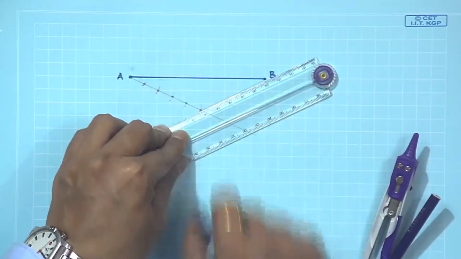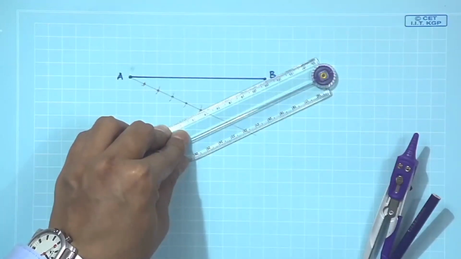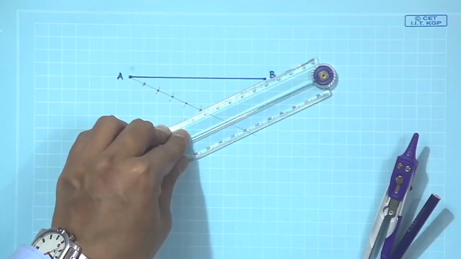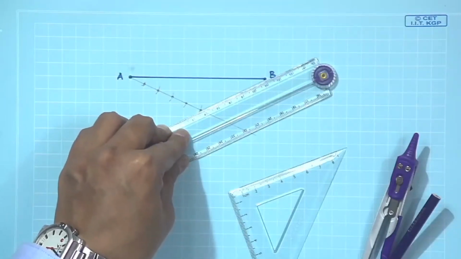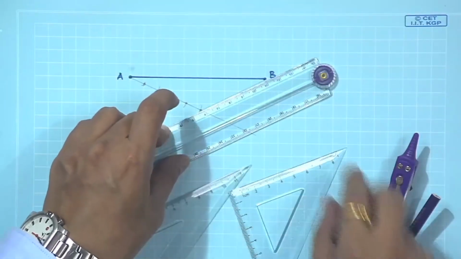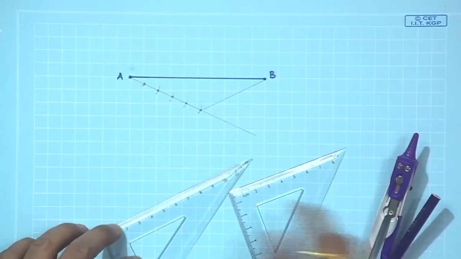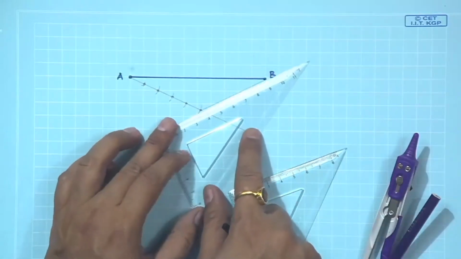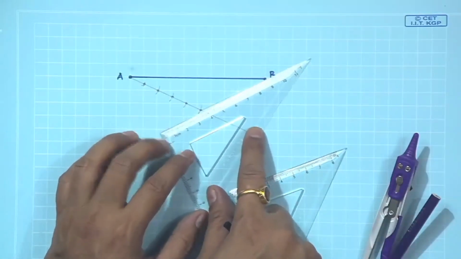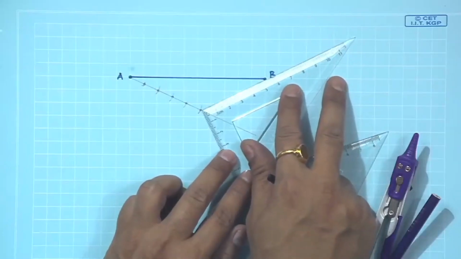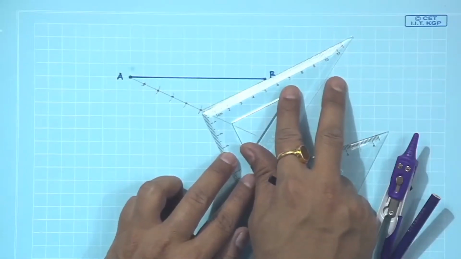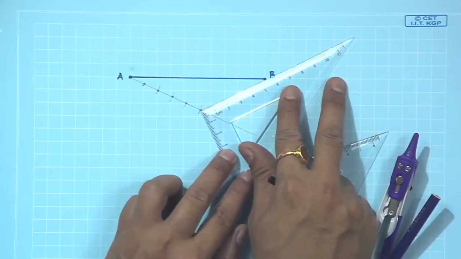Now, we have to go parallel to this line. Usually, we have a mini drafter adjusted in that direction to do that, but here we do not have any mini drafter. So, to construct parallel lines, first of all we have to construct a perpendicular line to this. Carefully align your set squares.